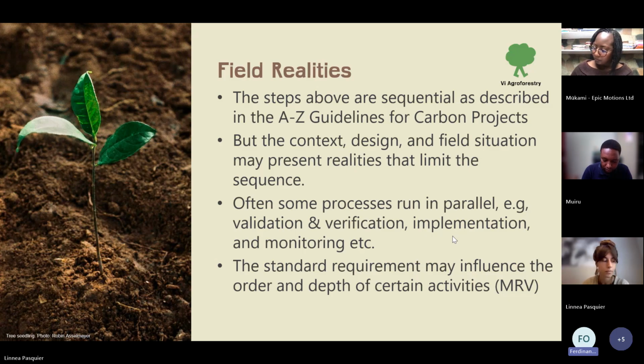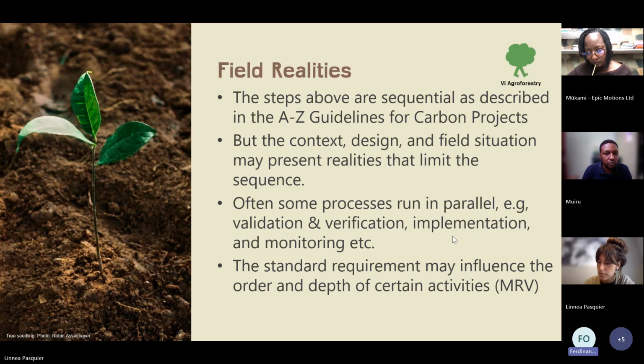It's very possible that some of these processes could go in different ways, sometimes in parallel. It depends on the context, on the original design, and on the carbon project itself.